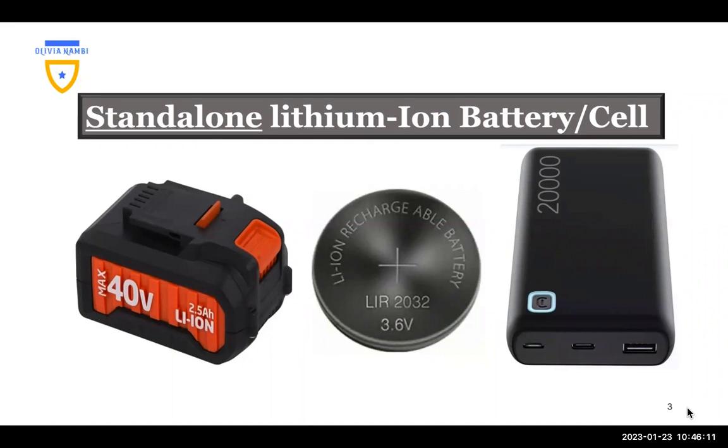So if it's a lithium metal power bank, it's going to be shaped as that. And if it's a lithium-ion powered power bank, it's going to be shaped as that. Okay, so now we know what they mean when they refer to lithium-ion batteries or cells. The Americans refer to them as standalone batteries or cells, and then some people call them loose batteries, cells.